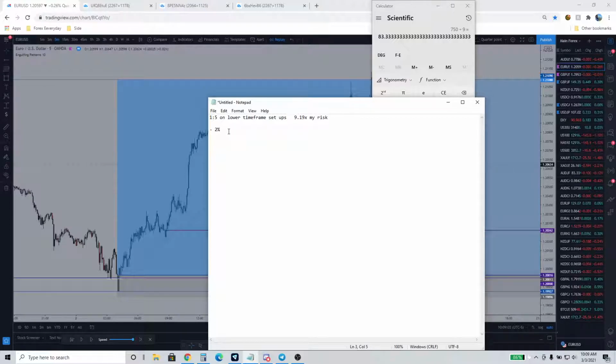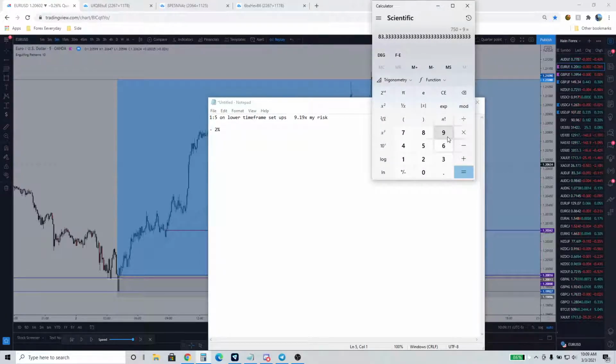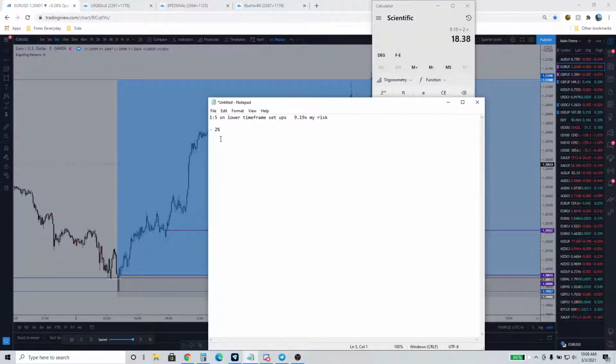So again, I took a loss of 2%, and then I risked 2% again, and I did 9.19 times 2 equals positive 18.38%. We have to minus our 2% loss. So our net on this trade is 16.38% with risk management. This is huge, with proper risk management.